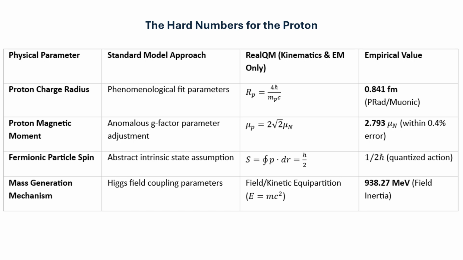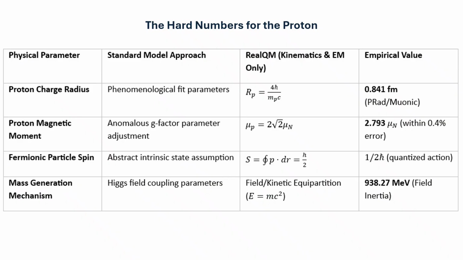The magnetic moment. The magnetic moment of the proton is often called anomalous in itself. We don't think it's anomalous. We get a theoretical magnetic moment that is equal to 2 times the square root of 2 times the nuclear magneton.